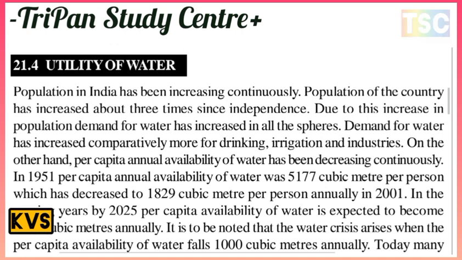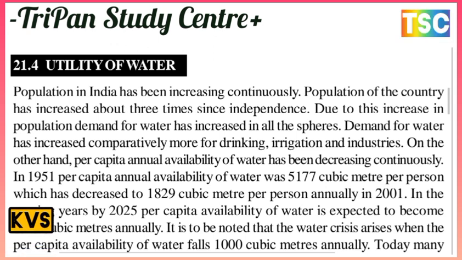Due to this increase in population, the demand for water has increased in all spheres. The demand for water has increased comparatively more for drinking, irrigation and industries. On the other hand, the per capita annual availability of water has been decreasing continuously.